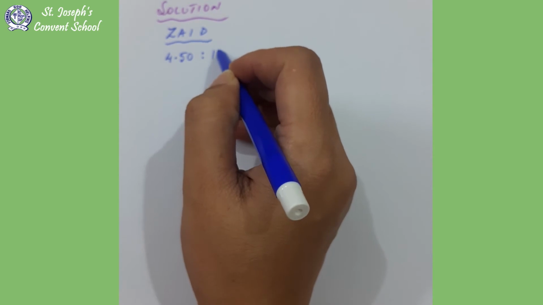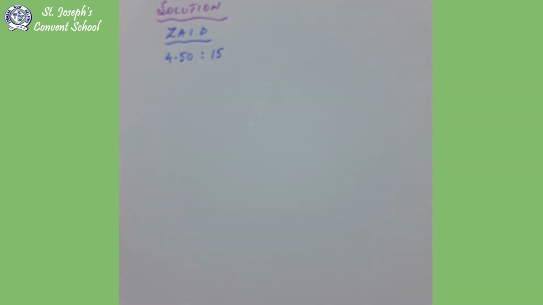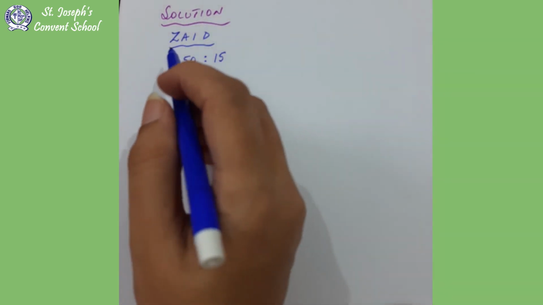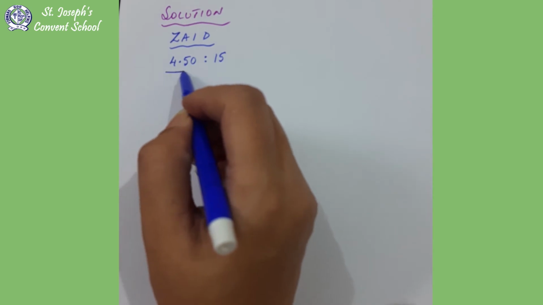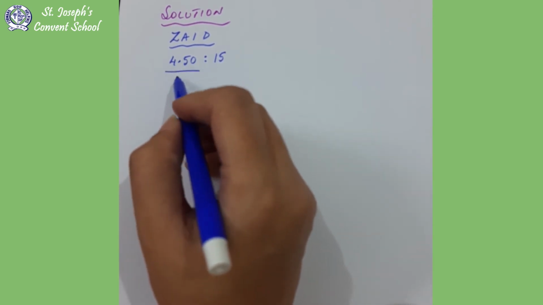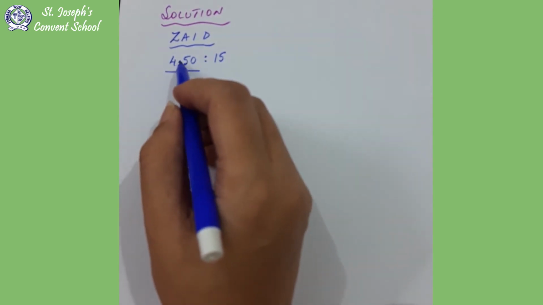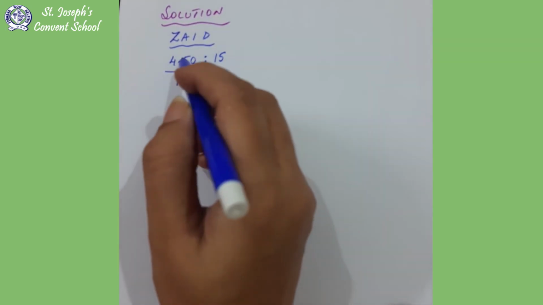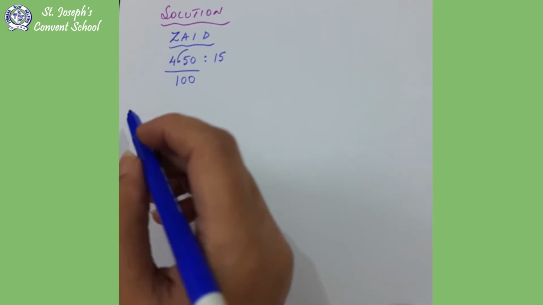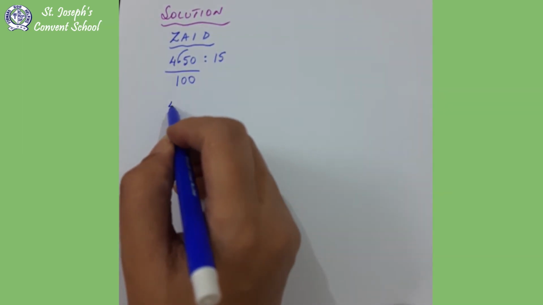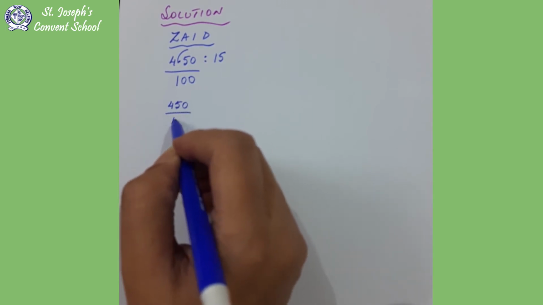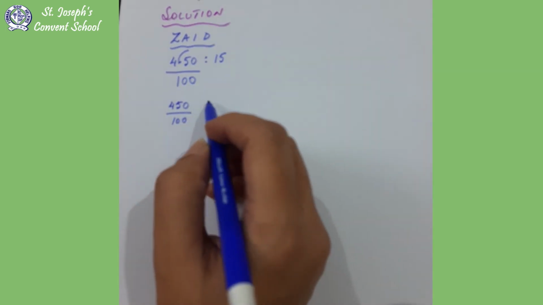So we are going to compare these two amounts. 4.50 is to 15. Now whenever a decimal is given, we remove the decimal. After the decimal there are 2 digits, so we will write 2 zeros. So now this number is 450 upon 100 is to 15.